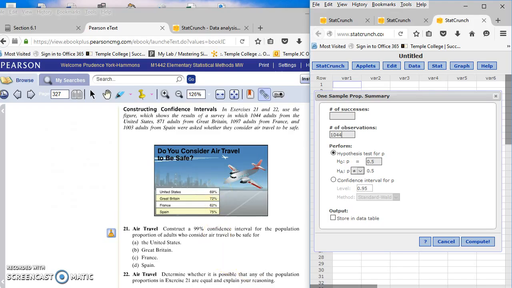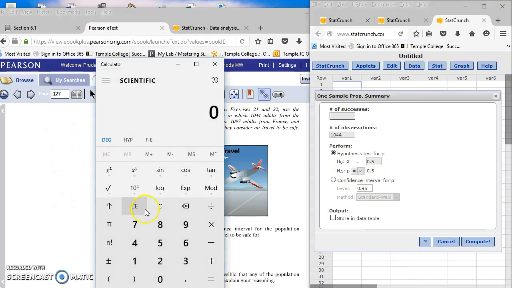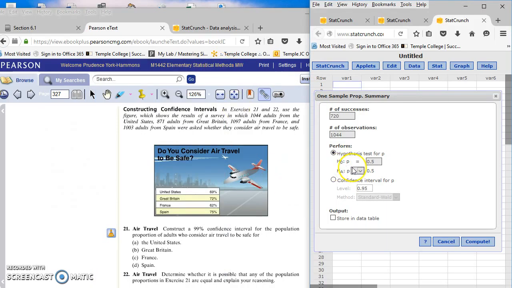So I've got to do a calculator and take 0.69 times 1044, and that comes out to 720.36. I'm going to round down to 720 for my number of successes.